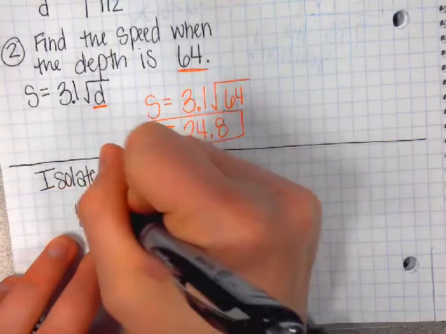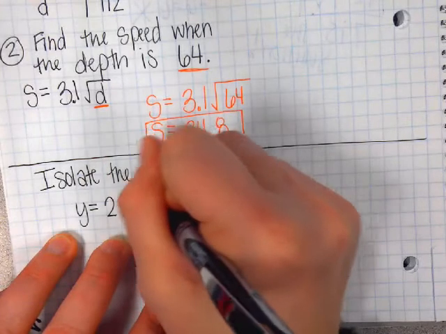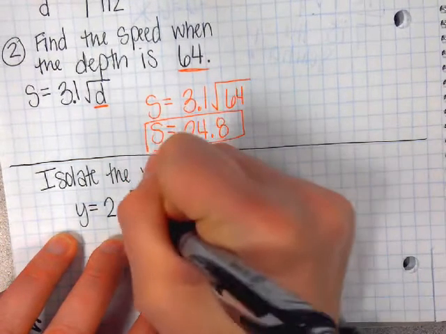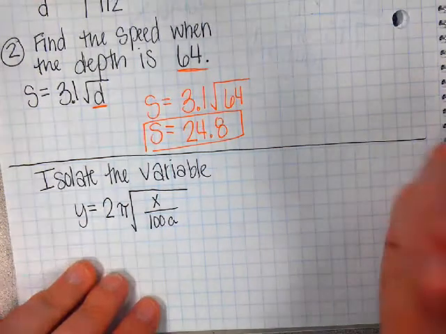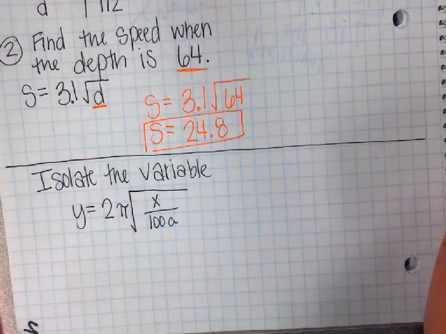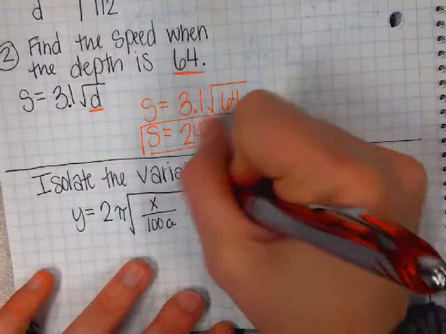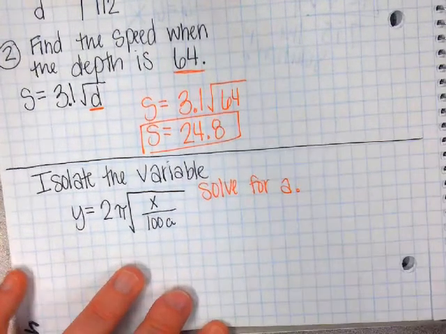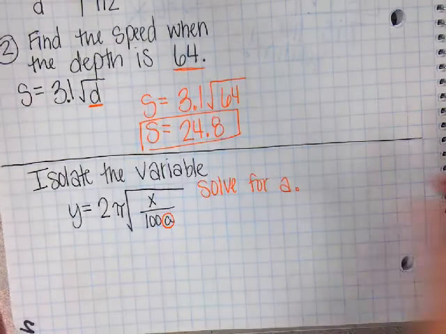So if I have the equation y equals 2 pi times the square root of x divided by 100a, and I asked you to solve for a, I'm going to solve for this right here.